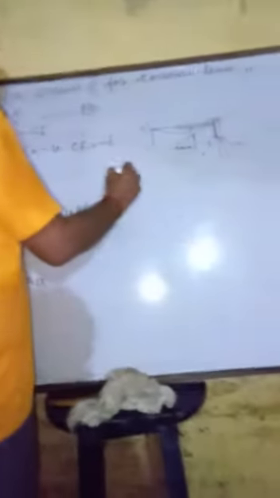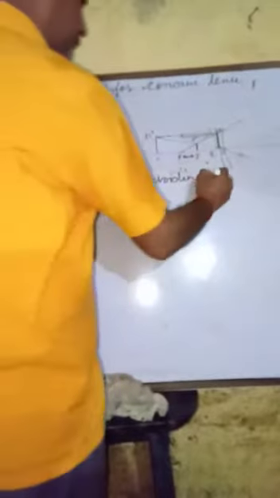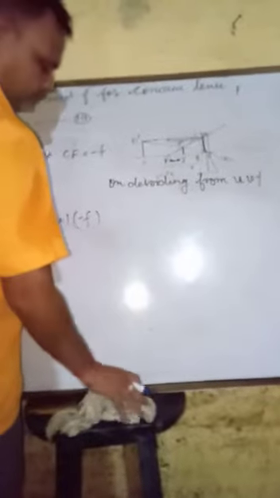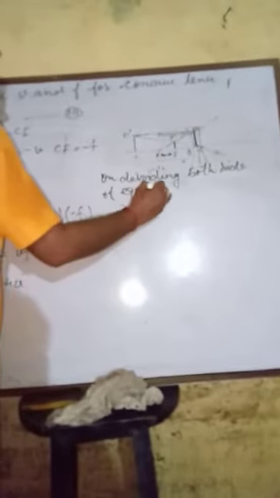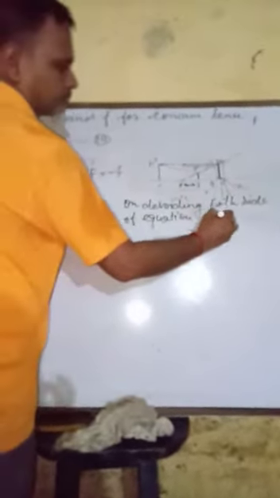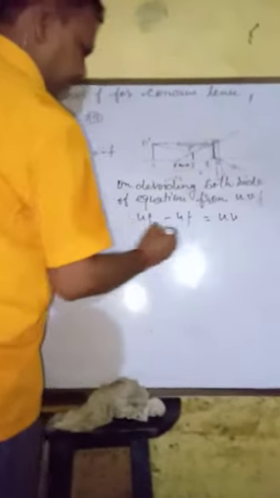On dividing both sides of the equation by uvf, we will get uf minus vf upon uvf is equal to uv upon uvf.